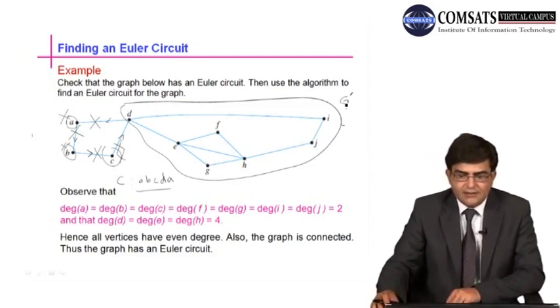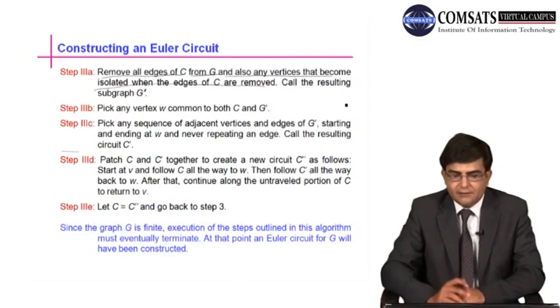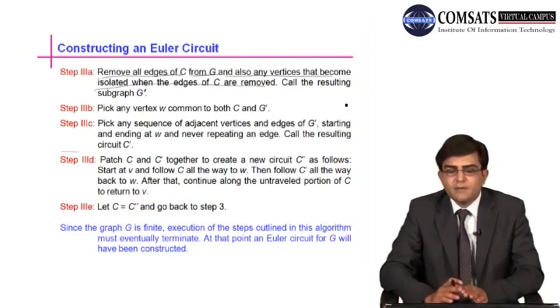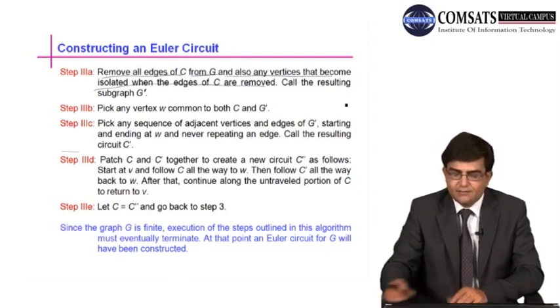Now this is basically the step 3a. Remove all edges of C from G, and also any vertices that become isolated when the edges of C are removed. Call the resulting subgraph G dash. Now what is the step 3b? Pick any vertex W common to both C and G dash.